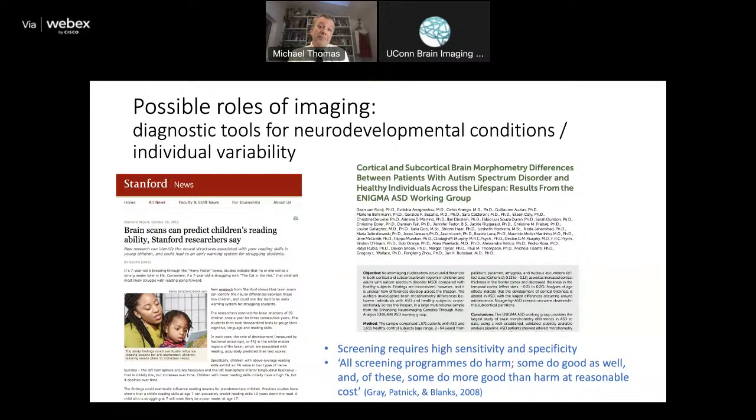You can find macro structural differences if you look in genetic syndromes like Down syndrome, Williams syndrome, and Fragile X. But then all sorts of things are different in those genetic syndromes. I'm doing some work at the moment looking at neonatal structural brain imaging for infants and babies with Down syndrome and seeing whether brain structure predicts cognitive abilities at the end of the first year.